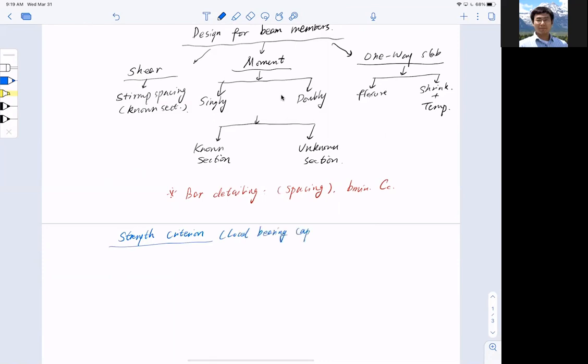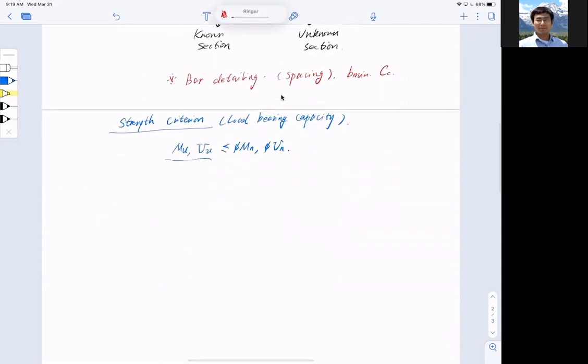In the sense that we want to reinforce our section so that the applied or factored moment Mu and shear Vu have to be smaller than or equal to phi Mn or phi Vn, right? So that was our process. Normally, we were given this, and we just have to provide this, right? That was the design.